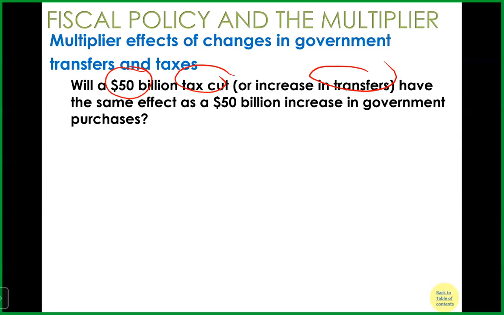Alternatively, the government can spend this 50 billion themselves. Say, for example, back in 2020, the government says, I'm going to spend 50 billion to order some vaccination.